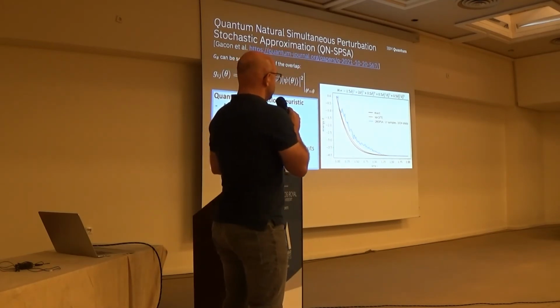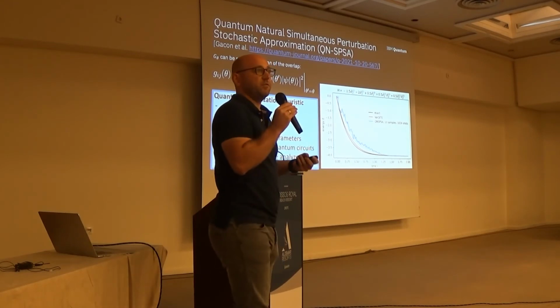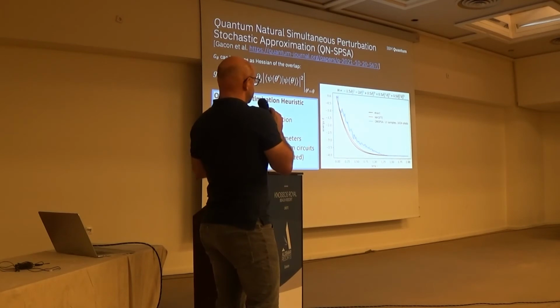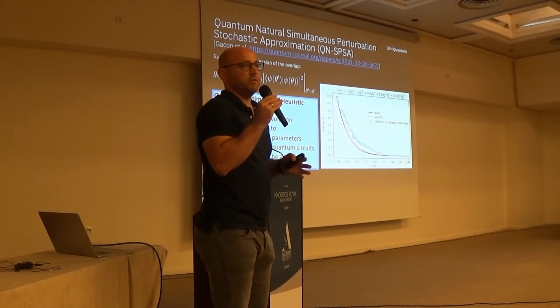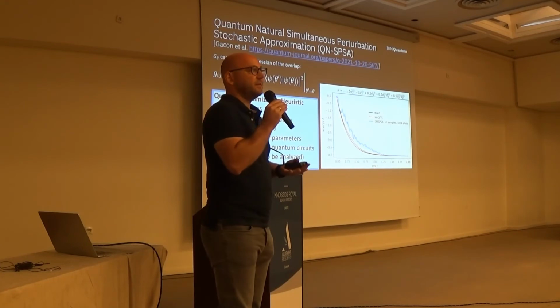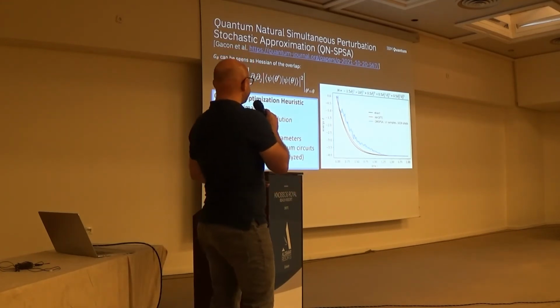Of course, if we make a bad choice, the algorithm might also just not work very well. But in the tests that we did, with pretty random choices, it already worked relatively nicely. So I think it's significantly less demanding on the circuit than QAOA, for example.